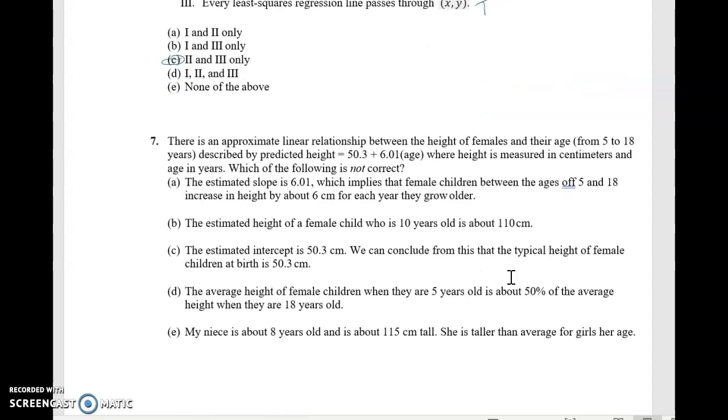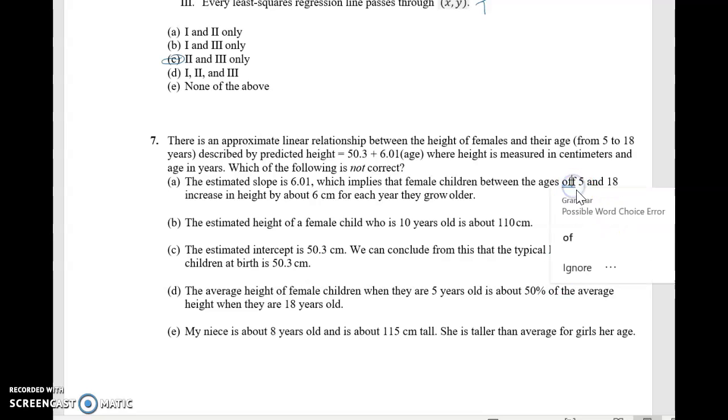Question 7 talks about the approximate linear relationship between the height of females. This is an annoyance question. You have to go through and check each one out. So A says the estimated slope is 6.01, which implies that female children between the ages of, it should be of, not off, 5 and 18 increase by about 6 centimeters for each year they grow older.